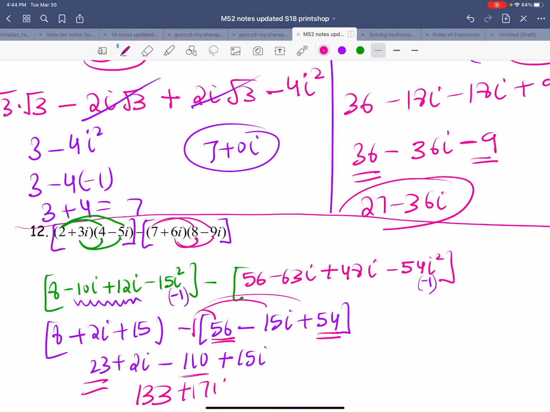And then we have 56, 9 times 7 is 63i plus 48i minus 54i squared, which will be positive 54. 56 plus 54 is 110, and that's going to be negative 15i, and that negative 15i turns into positive, and 110 turns into negative. Looks like 133 plus 17i. Okay.